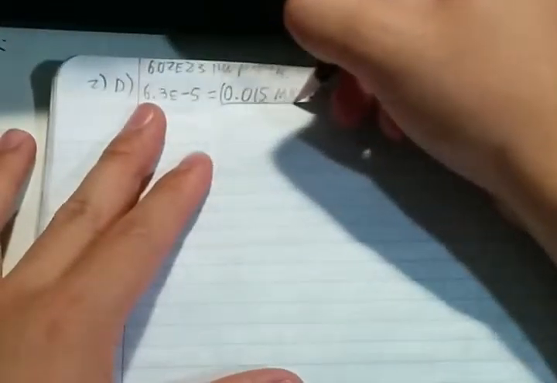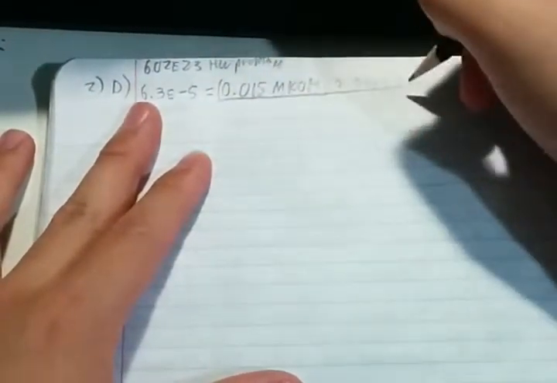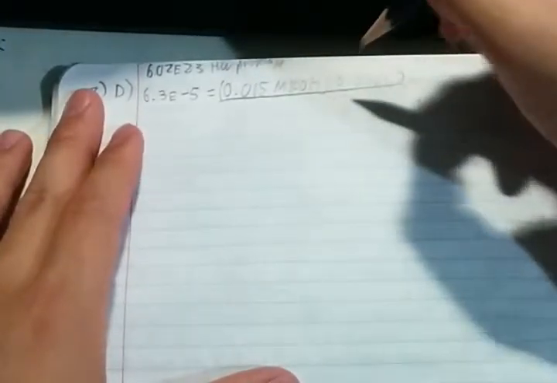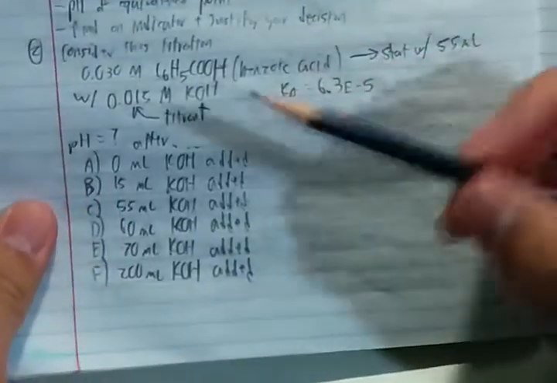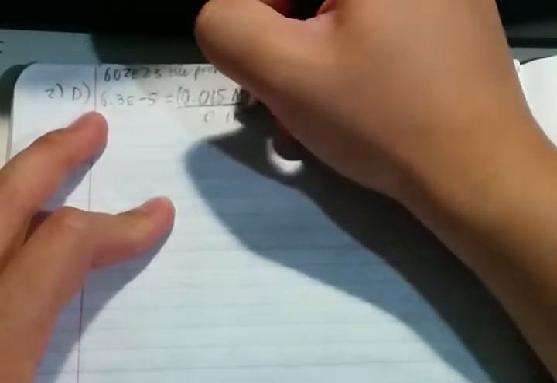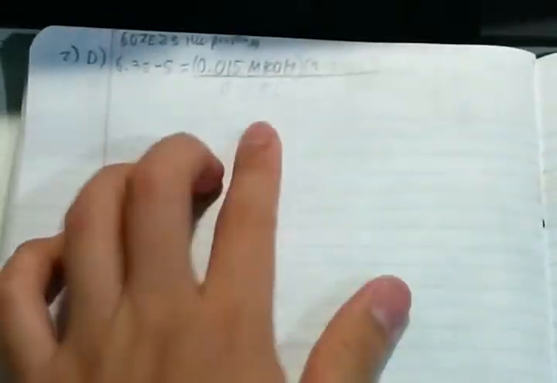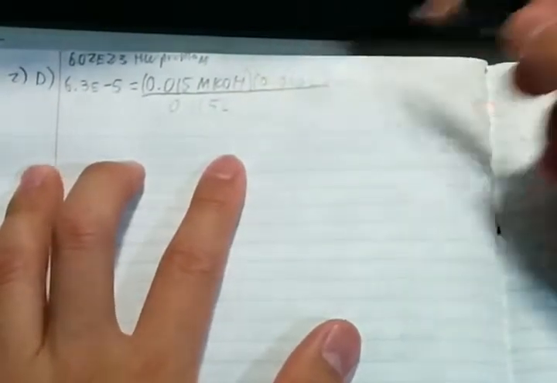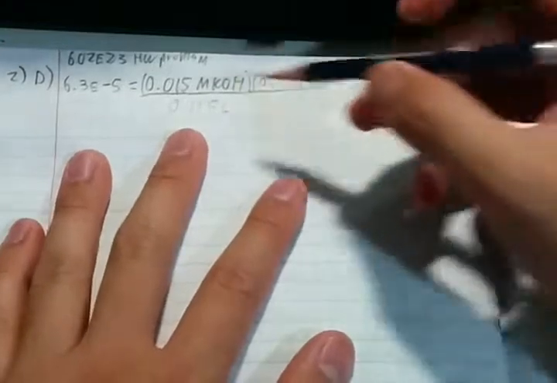Afterwards I need to divide that by the total liter content to find the new concentration of the conjugate base. So the new total volume will be 60 ml plus 55 ml, which is 115 milliliters, which equates to 0.115 liters.